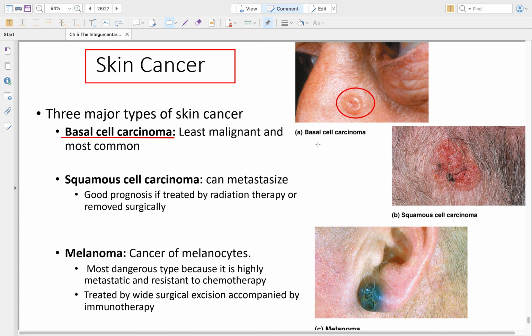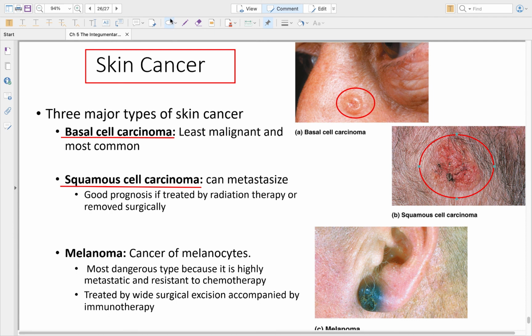No big deal. The second is the squamous cell carcinoma. These ones are a little trickier because they can metastasize. However, there's usually a good prognosis here. If it's treated early on, they can just hit it with radiation therapy or just cut it out.